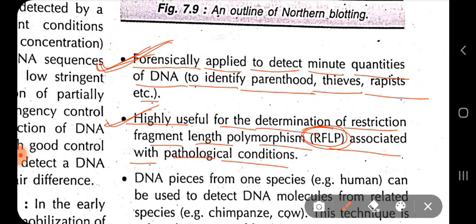When we resolve them in gel electrophoresis, you will get different DNA bands. So it is highly useful for determination of restriction fragment length polymorphism associated with pathological conditions.